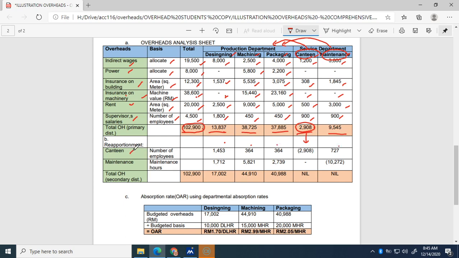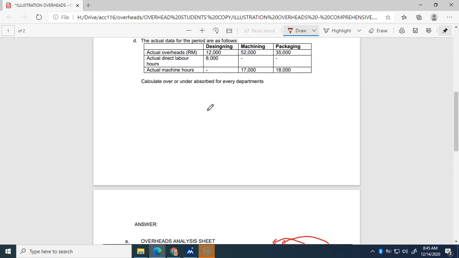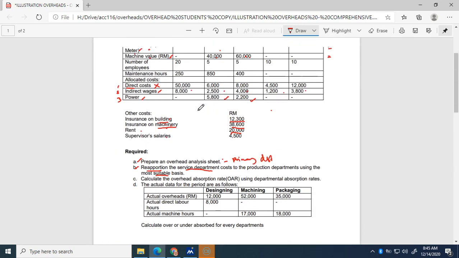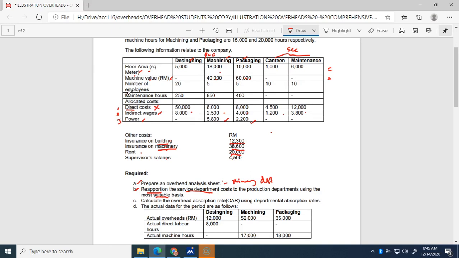So what is the most appropriate basis for canteen? It is the number of employees. So if you refer here, number of employees given is the most appropriate basis. Since canteen will give to designing, machining, packaging, and maintenance, canteen will not give to canteen.